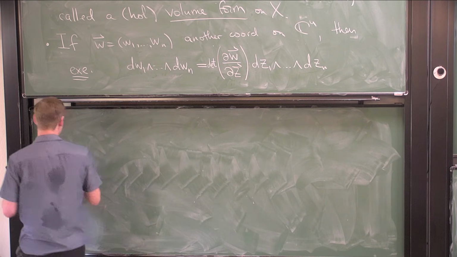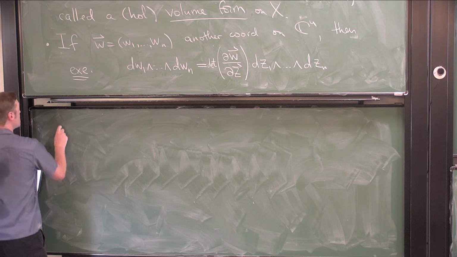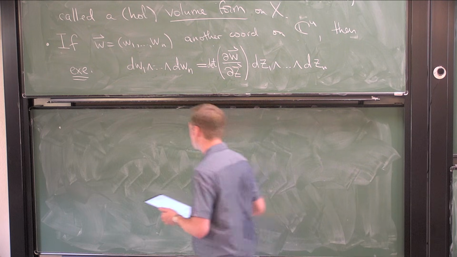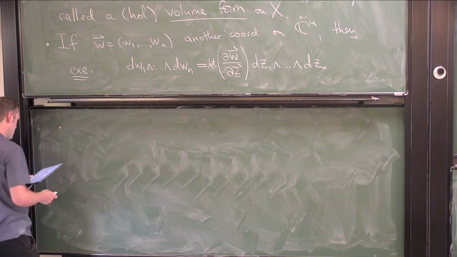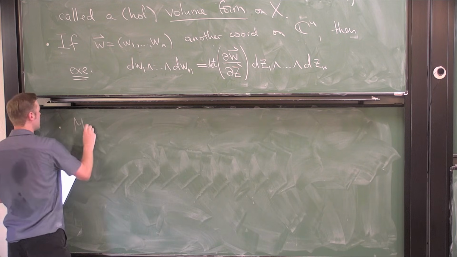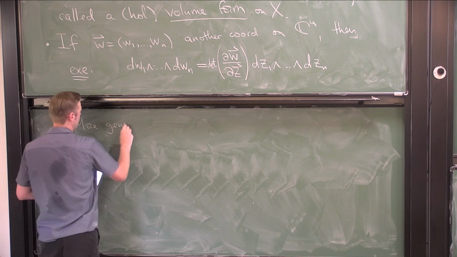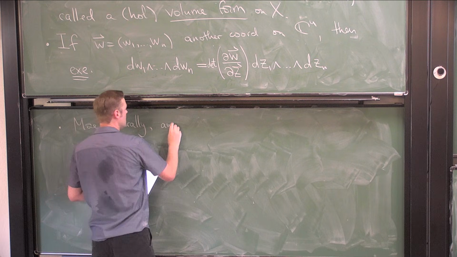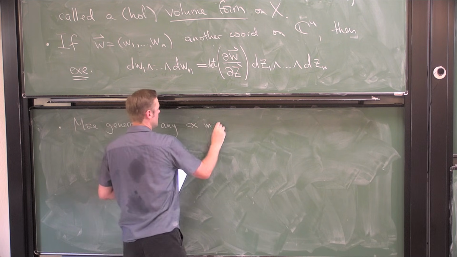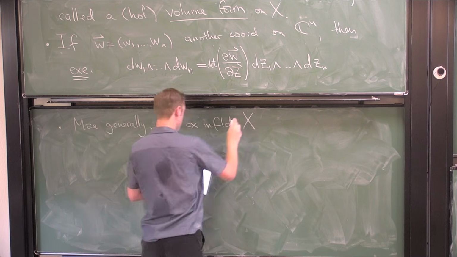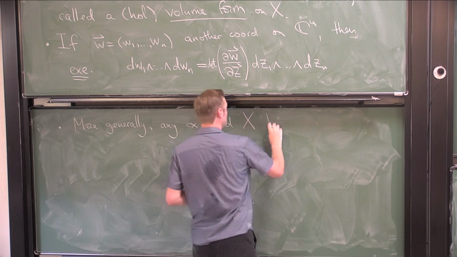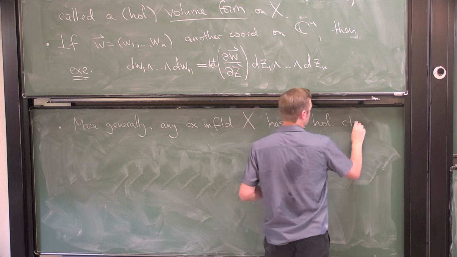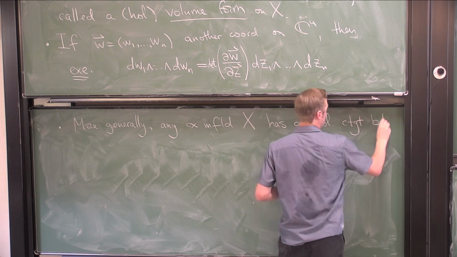Right, okay, so now that I've told you this story by focusing on C^n, we can try to extrapolate, and it's not so difficult, to more general manifolds. So any complex manifold X has a holomorphic cotangent bundle.